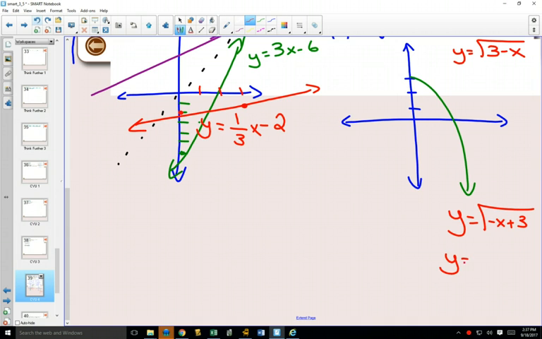So that would come out, and you'll have x minus 3, so it is 3 to the right. So imagine your square root graph flipped over this way and then moved 3 to the right. So you'll have this point going in that direction.